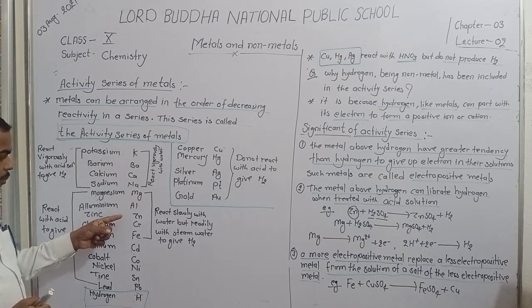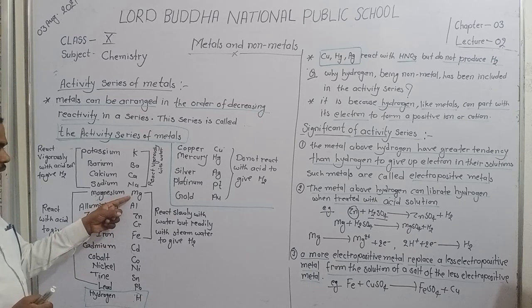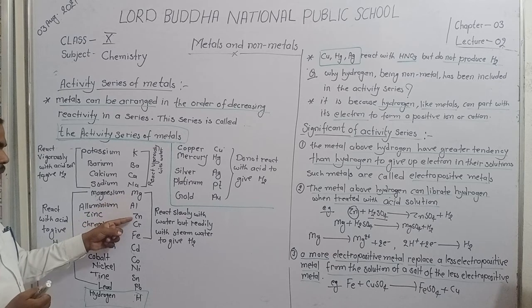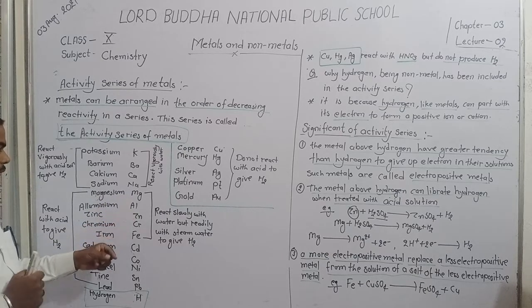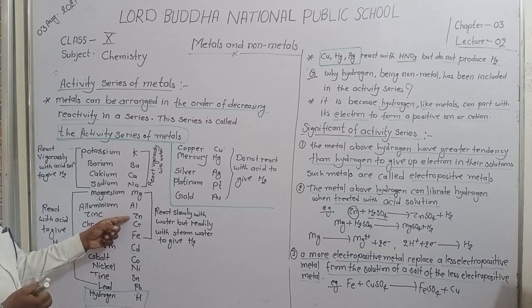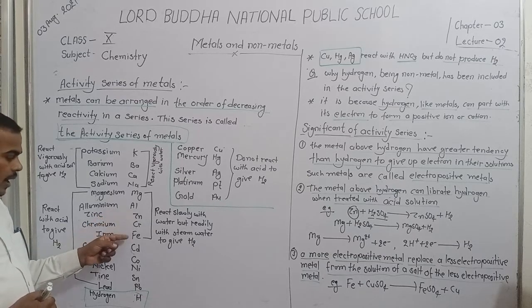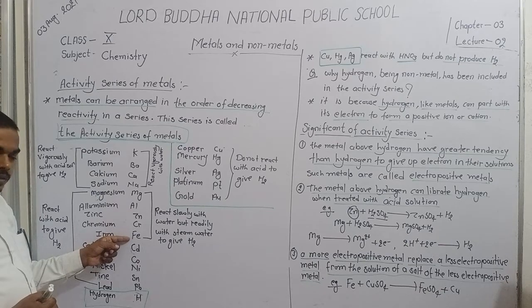When we compare magnesium and zinc, magnesium is more active, more electropositive than zinc. And comparing zinc and iron, iron is less electropositive, less reactive than zinc. So if we use zinc in a reaction, it replaces iron from its salt.